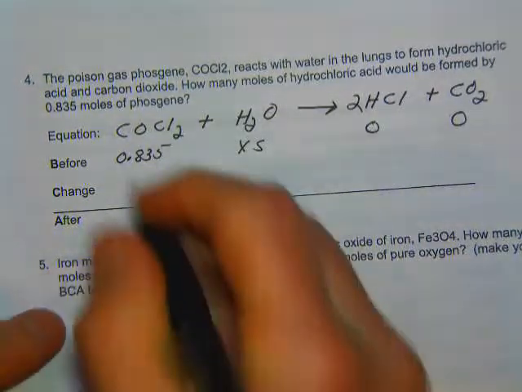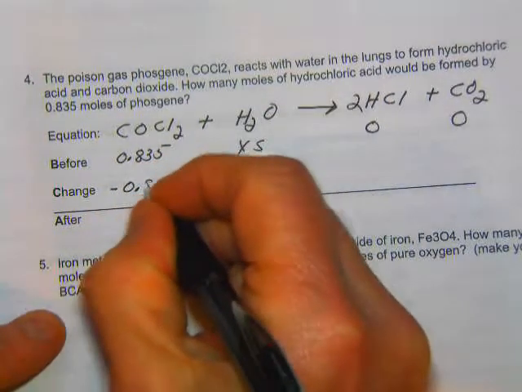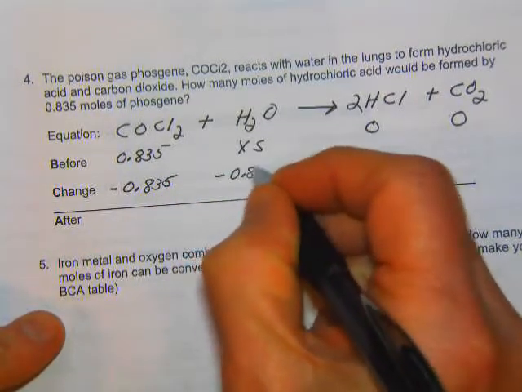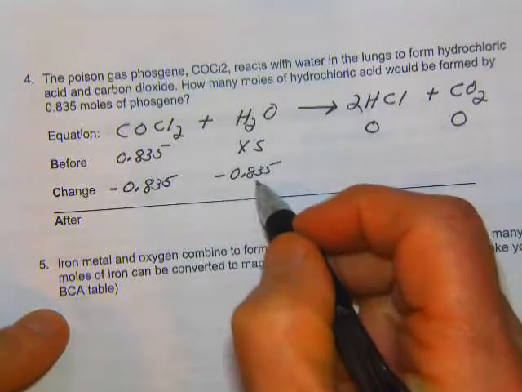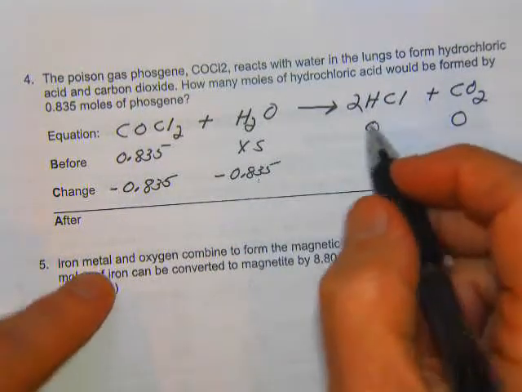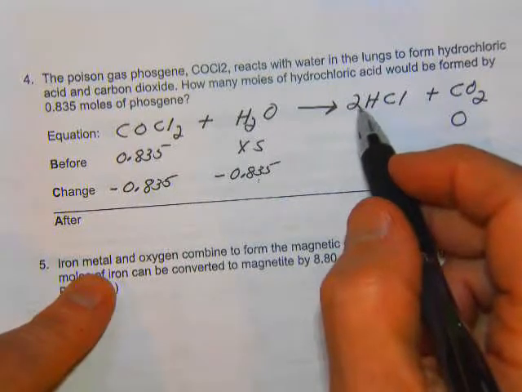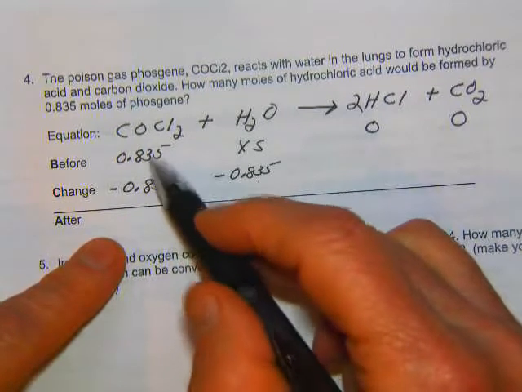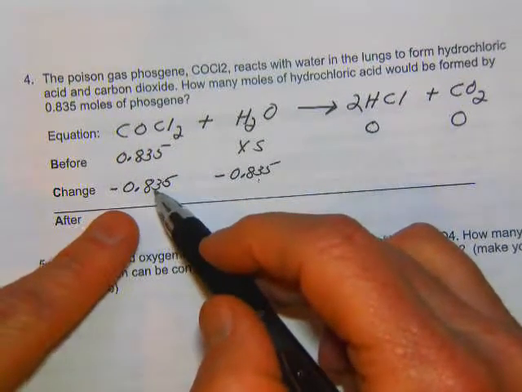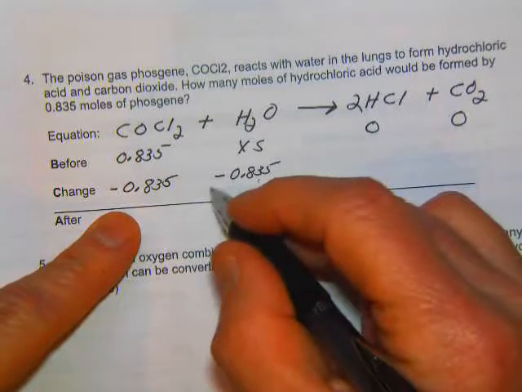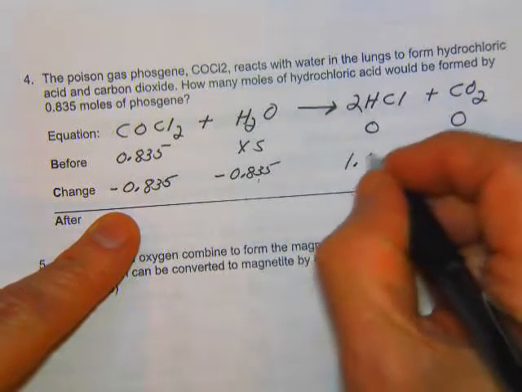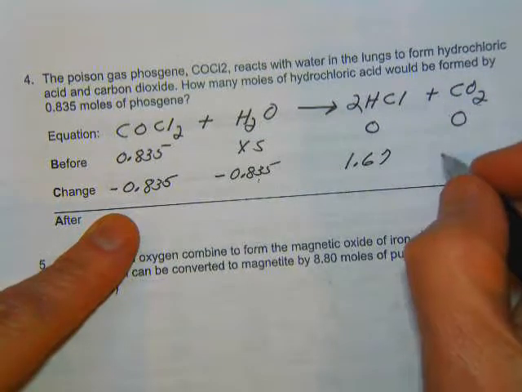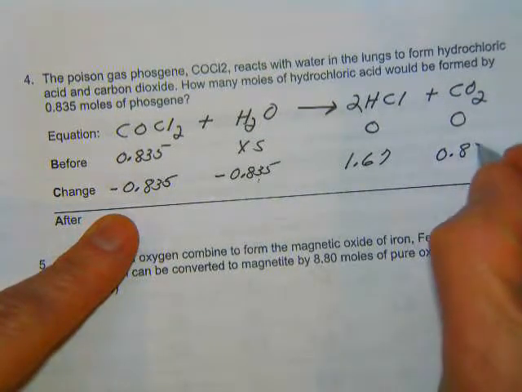So the change, we are definitely going to use all this up. We are going to use up 0.835 of this, but again, this is going to be in excess. This is going to give us 2 hydrochloric acids, so we know from the ratio that this is really 1. So 2 times that is 1.67, and again, this is a 1, so not a whole lot different here. 0.835.